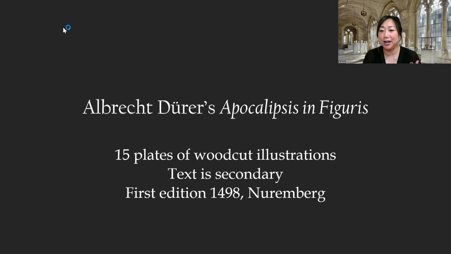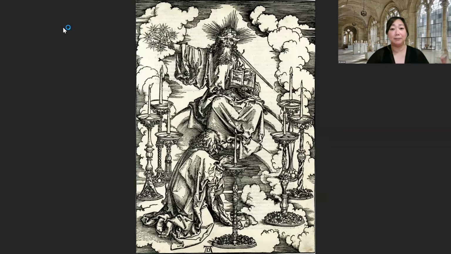And then we get to Dürer. You may already be familiar with it, but Dürer, of course, is one of the greatest illustrators of the apocalypse and has become so influential in the art that comes after, and has become iconic in particular scenes that come from these 15 plates of the woodcuts. So, for example, this is the Son of Man, speaking to John of Patmos.